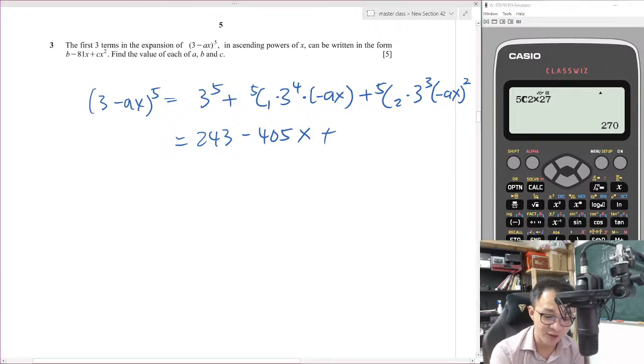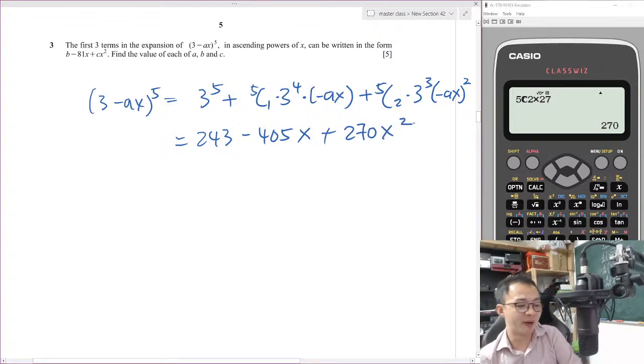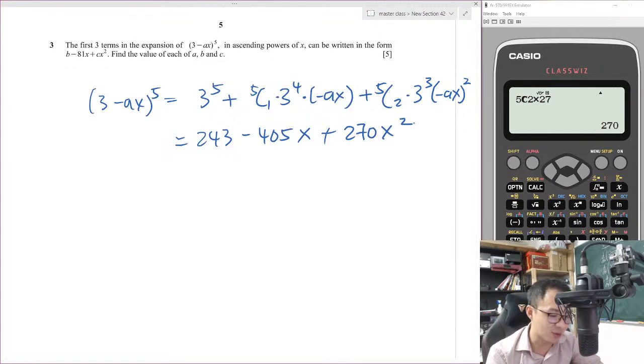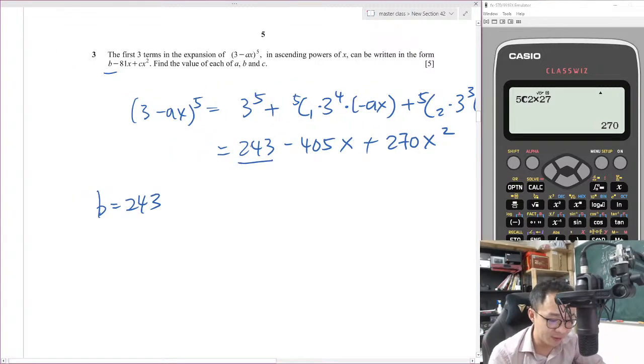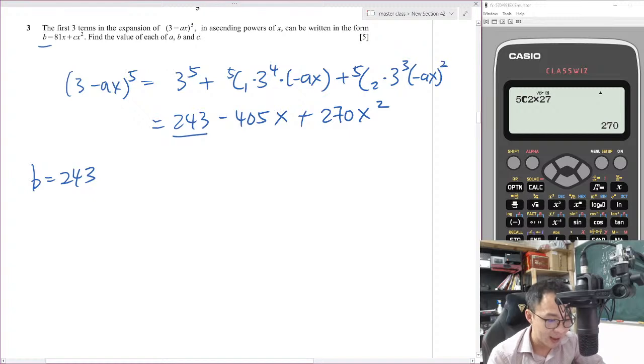So I have 270x squared. Then I will just compare my constant, coefficient of x, and coefficient of x squared. My constant will be b, so b is 243. My coefficient of x here, there's something wrong here. Why is it negative 81x only?